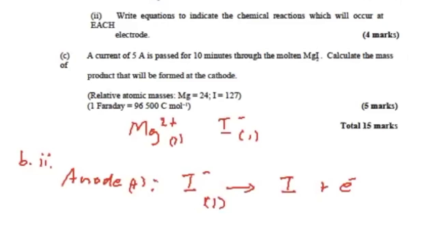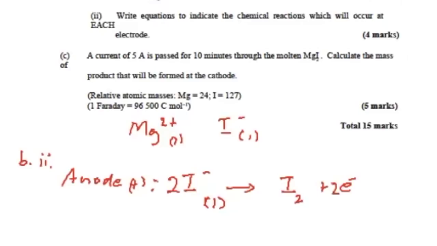But the moment this happens twice, the atomic iodine atoms combine to give us molecular iodine, which would require 2 iodide ions on the left, and 2 moles of electrons. All right, so the iodine here, we're talking about molten magnesium iodide, so the iodine could come off as a vapor.